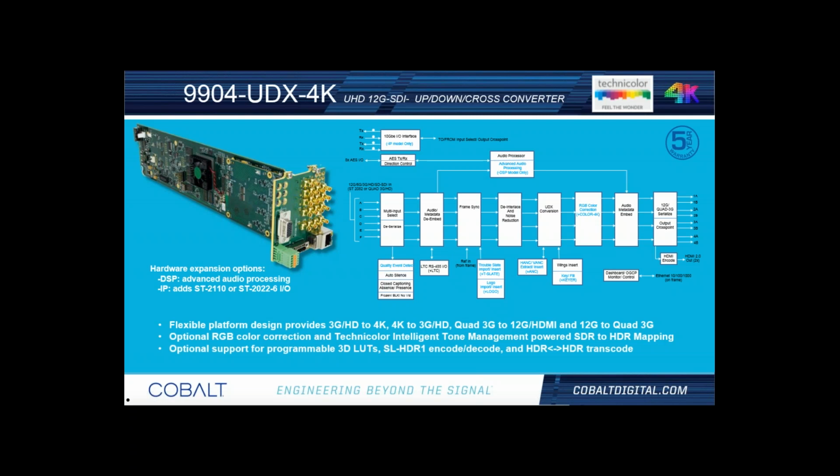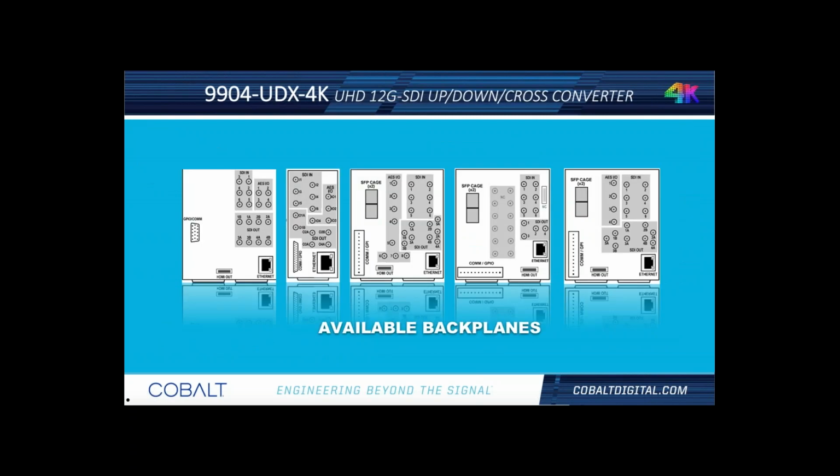So if we go to the next slide. This is a representation of the different backplanes that we have. Initially, we had one backplane that was our starting point, that covered the basic baseband in and out of the card, including HDMI. Then through customer feedback and being able to enable the card to do more, we now offer a slimmer version for a more dense application.